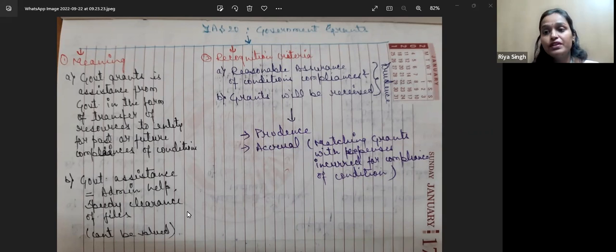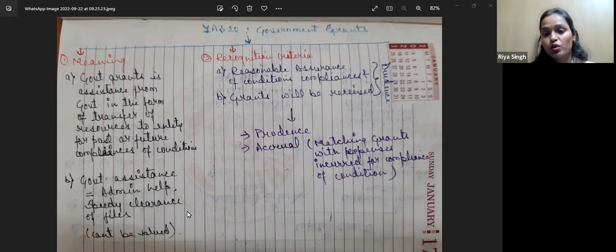And after some time, or after a specified period of time, it should be received. Then only will we recognize it as a government grant in our financial statement. Otherwise, we will not recognize it. There should be an assurance from the government, and we should actually receive that kind of grant, whatever the government is giving.